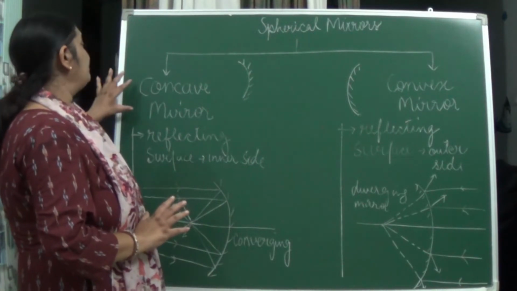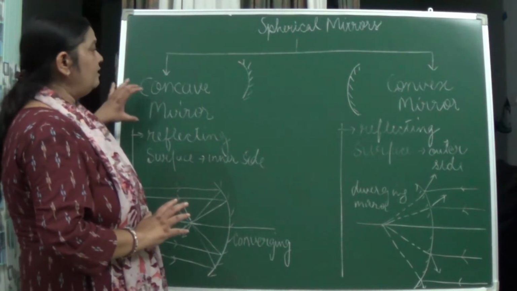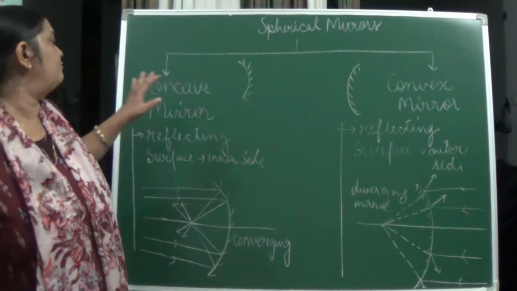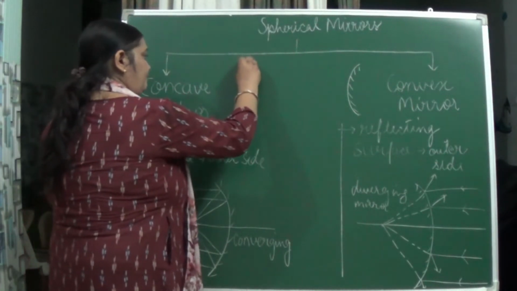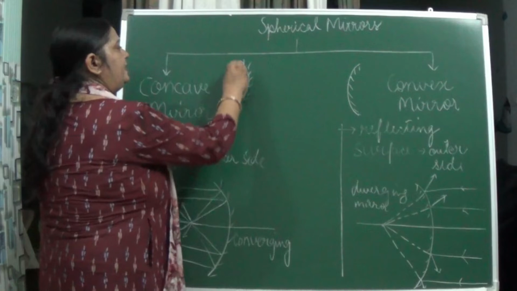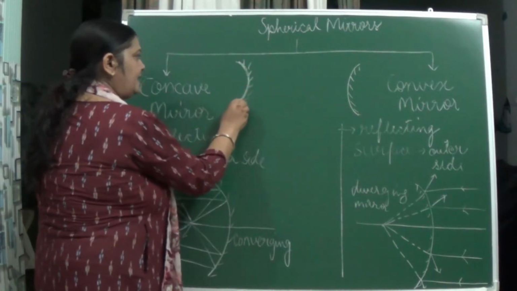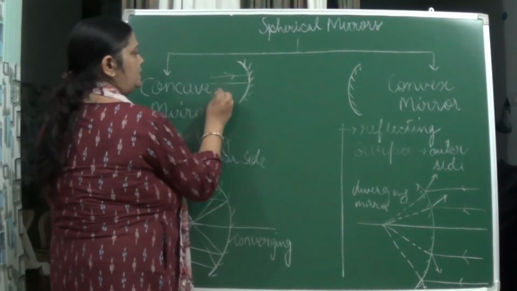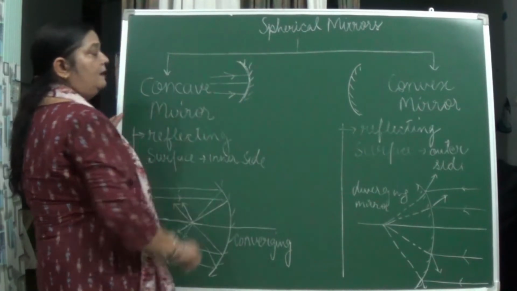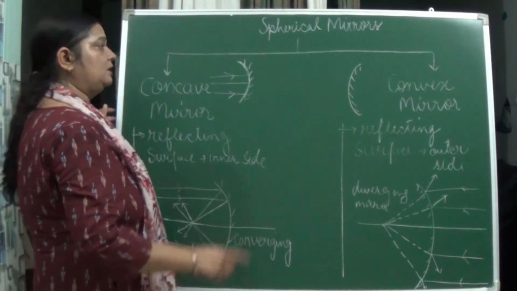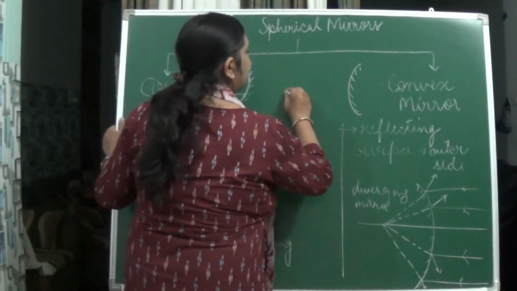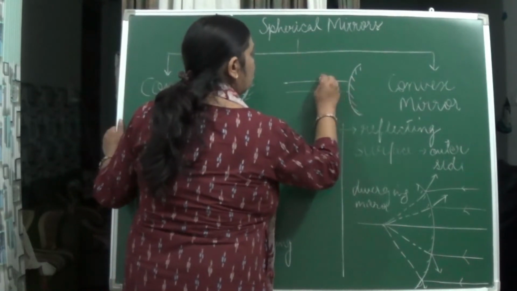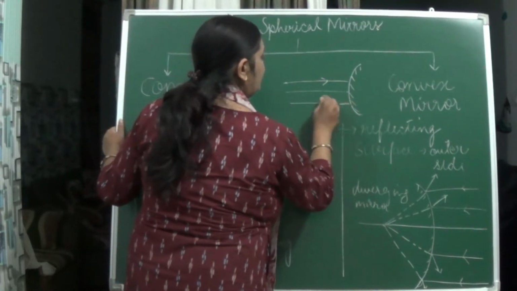Now when I talk about the concave mirror, you can see over here, the hollow side I said acts as a concave mirror. Here the light rays fall on it. And when I am talking about the convex mirror, you can see this is the bulge side, isn't it? So light rays fall on this in this manner.